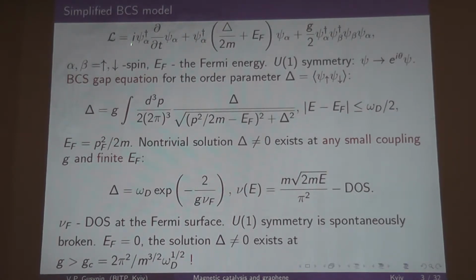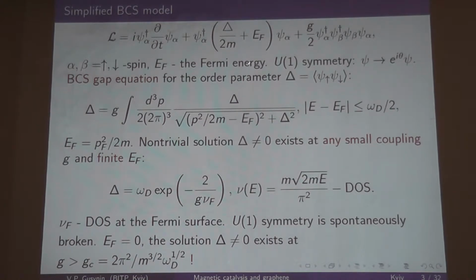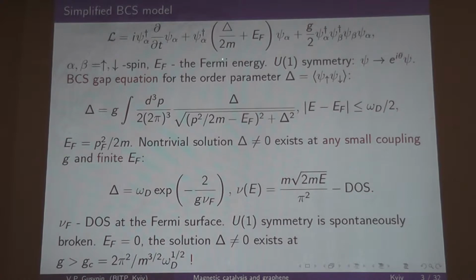So this Hamiltonian has U(1) symmetry, phase symmetry, and the gap equation for the order parameter, which is just the condensate of electrons with spin up and down, has the following form. It is weighted in the range of energy bounded by the frequency.